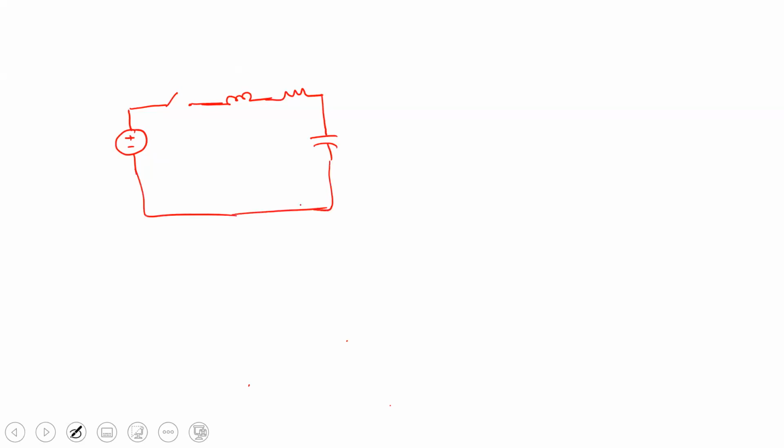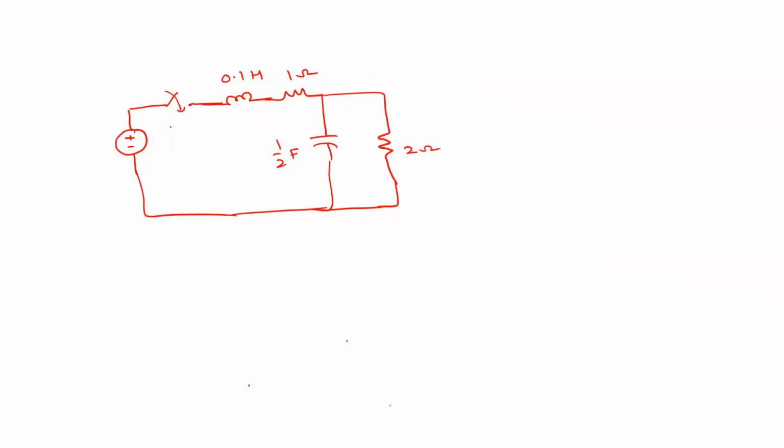So this is the circuit. This is 2 ohm, right? This is half farad. This is 0.1 Henry. And this is 1 ohm. And this particular switch is closed at t equal to 0.